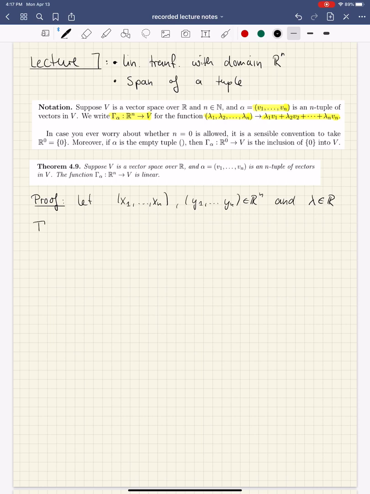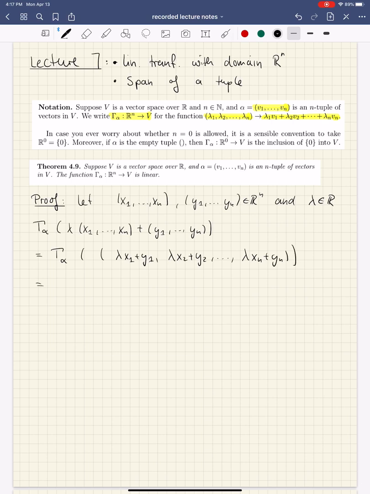and then let's look at what happens if I apply gamma alpha to lambda times x1 through xn plus y1 through yn. Well, let us put it into one element of R to the n. So we have here lambda x1 plus y1, lambda x2 plus y2, and then go on until lambda xn plus yn.